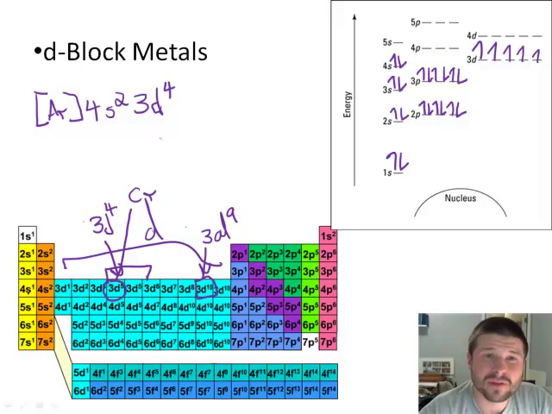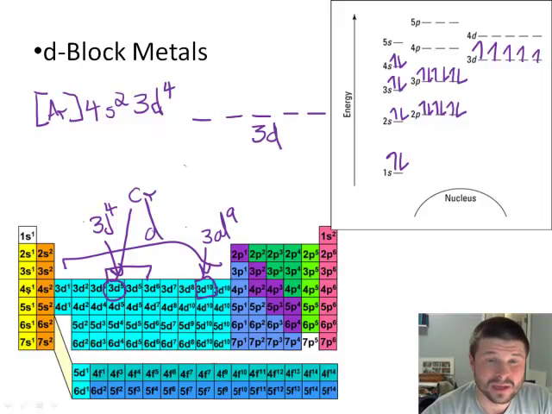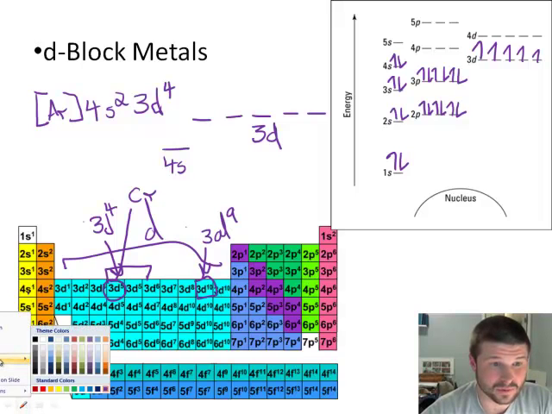But a funny thing happens when I have an element that has a half-filled d orbital. It is more stable than an element with only 4 electrons in there. So what am I talking about? 3d has 5 spaces. This is the 3d, and it would look like this to begin with, and then let me put the 4s here as well.